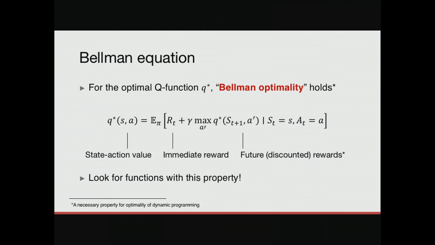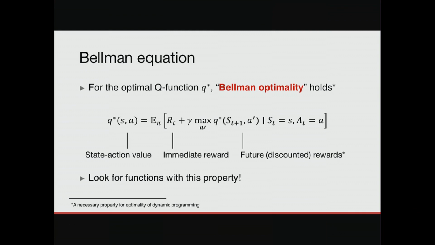So we're going to stare at this for a bit because it's something to digest, I think. Remember, Q star assigns a value to any state action pair. So we have Q star here, we have Q star here. This thing here is supposed to represent the value going forward in time after I've made this choice action A in state S.